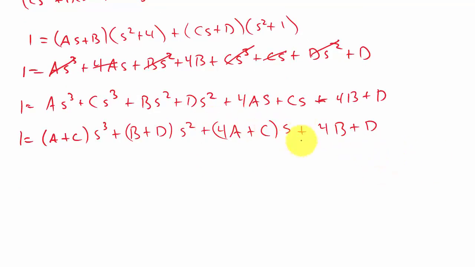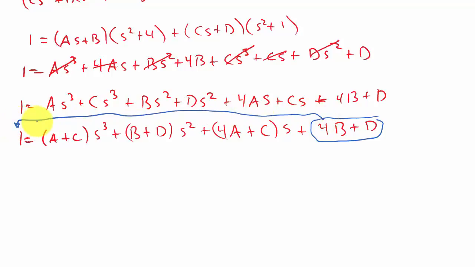Alright, and then if you look here, you see the 4b plus d. This term here is my constant term. So 4b plus d has to equal 1, my constant term over here.